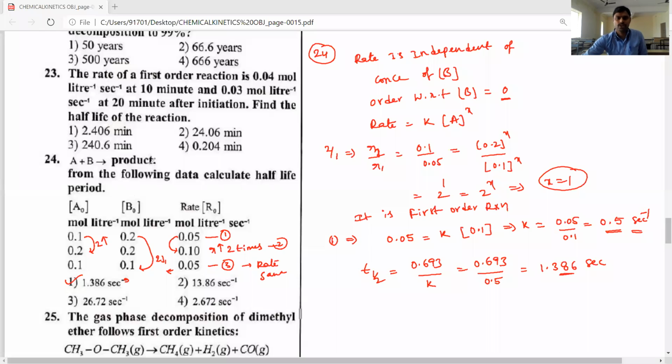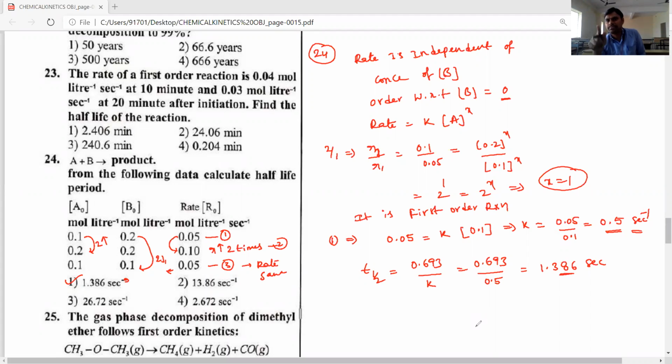Let's see the 25th question. See, in the 23rd question, at different concentrations of A and different concentrations of B, the rate was given, but the order of the reaction was not mentioned. By using the data we find that the order of the reaction is 1 with respect to A only.